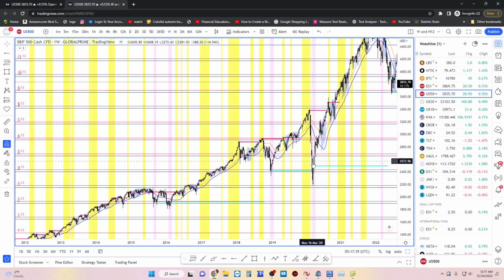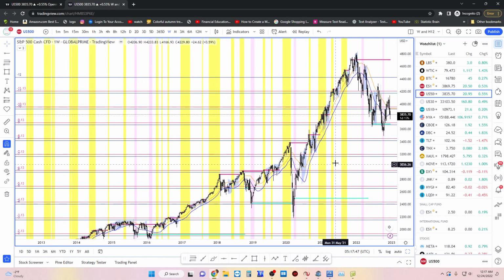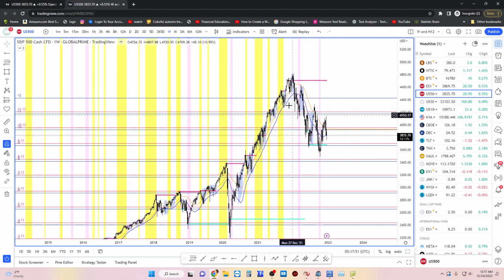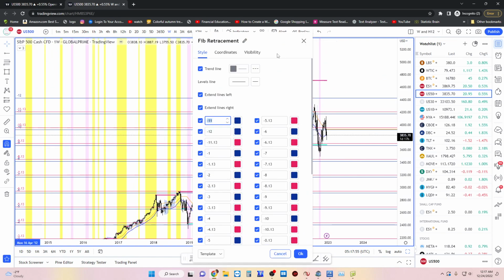So if it goes below this low, well, the next level to target is around here, and then you can see the areas where it was hard to contend against, and we could see if this could predict the top.